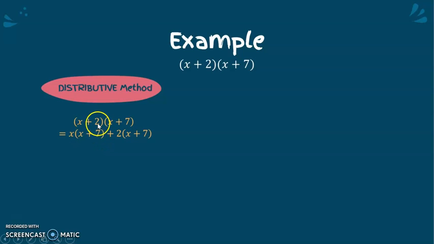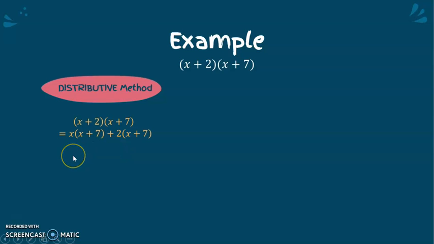Next, the second term of the first binomial is distributed to all the terms of the second binomial. Take note, since 2 is positive, the operation is plus. So, plus 2 times the quantity of x plus 7.